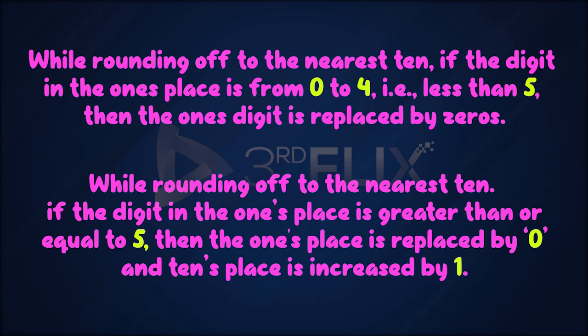If the digit in ones place is greater than or equal to 5, then the ones place is replaced by 0 and tens place is increased by 1.